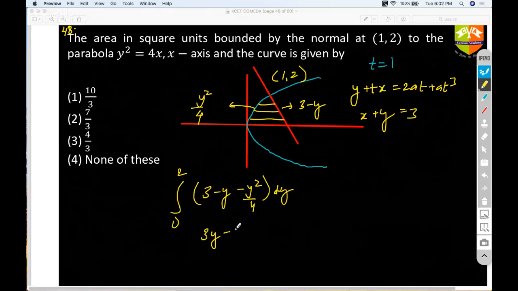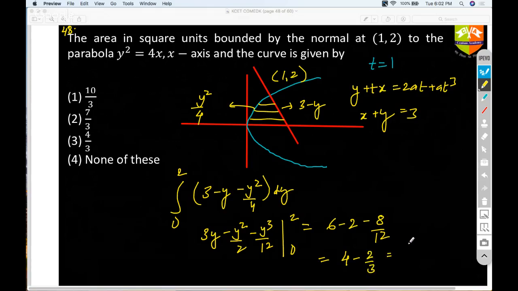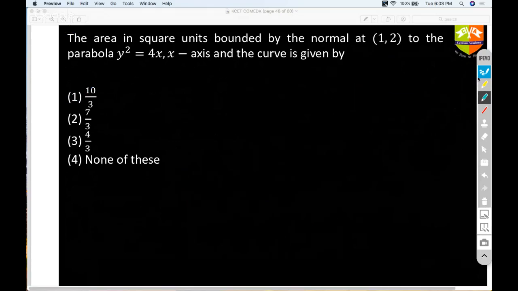So that would give me 3y minus y square by 2 minus y cube by 12, from 0 to 2, that gives you 6 minus 2 minus 8 by 12. That's 4 minus 2 by 3. And if I'm not wrong, that's 10 by 3 units. 10 by 3 is going to be option number 1. Exactly, option number 1. All right.